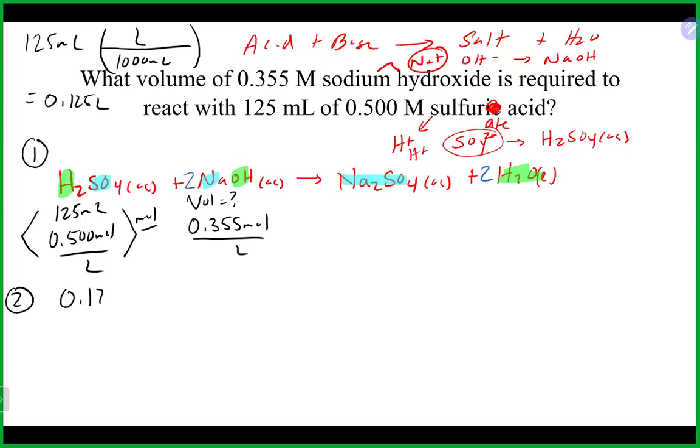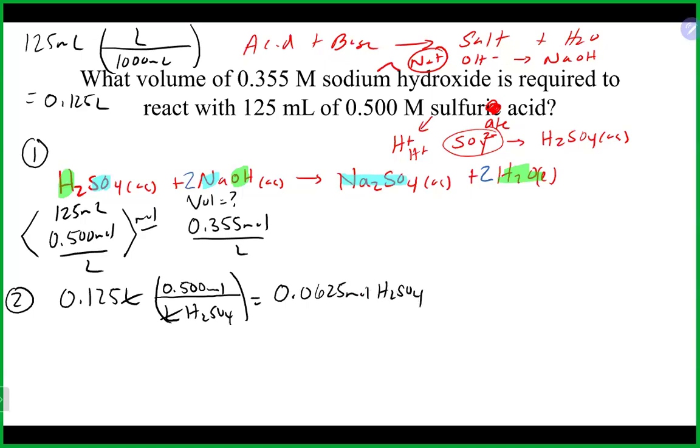So 0.125 liters, using our molarity really as a conversion factor, 0.5 moles per liter of sulfuric acid in this case. The liters will cancel, and that's going to leave us moles. 0.125 times 0.5 gets us 0.0625 moles of sulfuric acid.